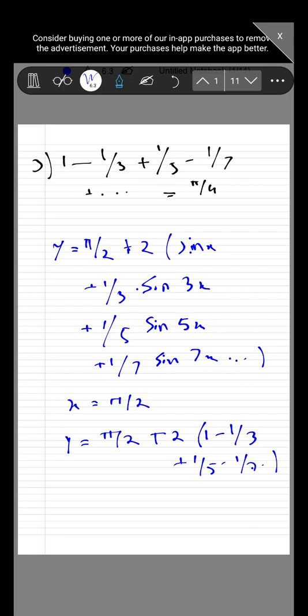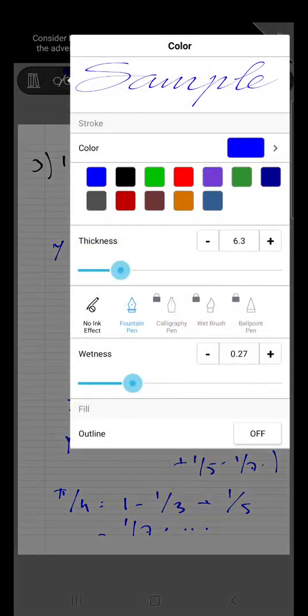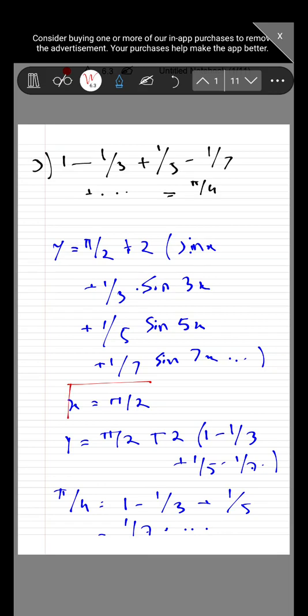So hence we can have pi by 4 is equal to 1 minus 1/3 plus 1/5 minus 1/7 dot dot dot. So this is the only thing that we have to do. We have to put x as equal to pi by 2.